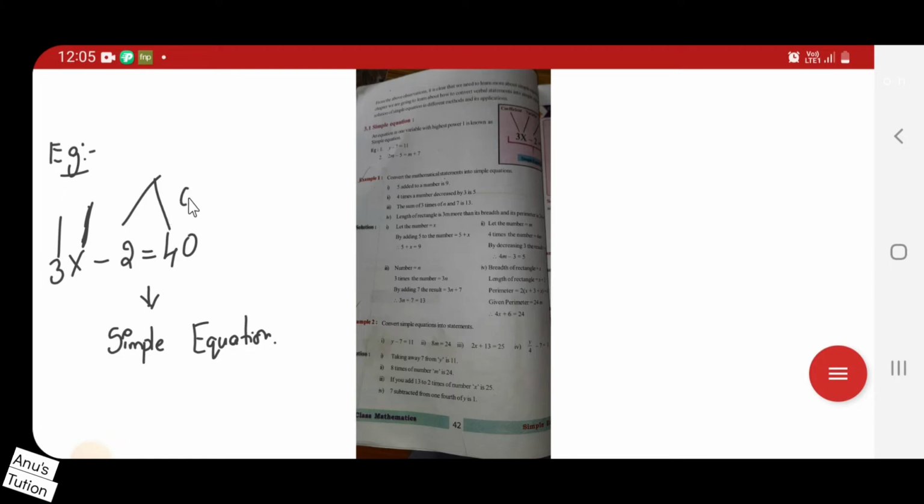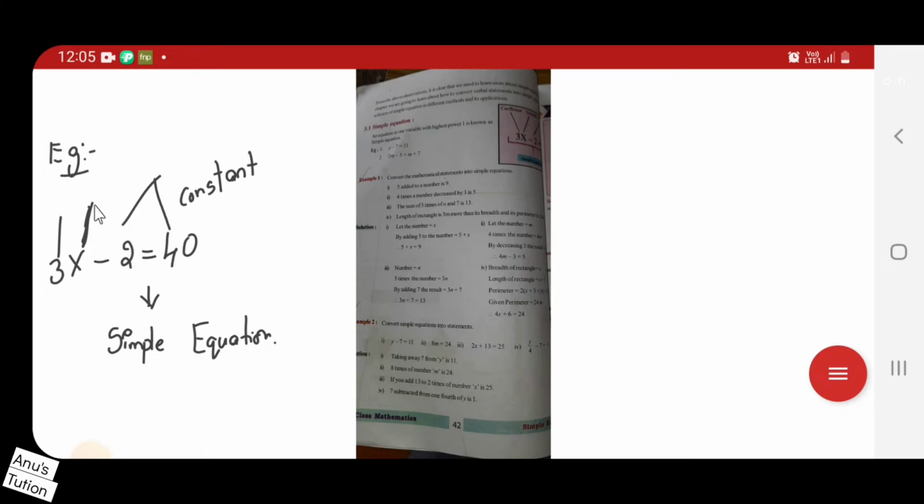We will discuss now. Example: 3x minus 2 equals 5. This is called an example of a simple equation. And what will we tell here? This is called a variable, and these two are constants.